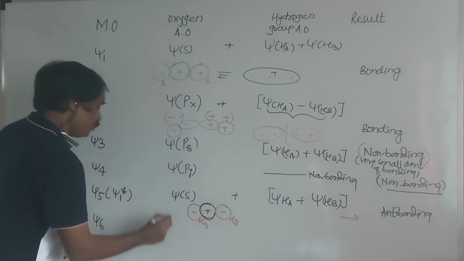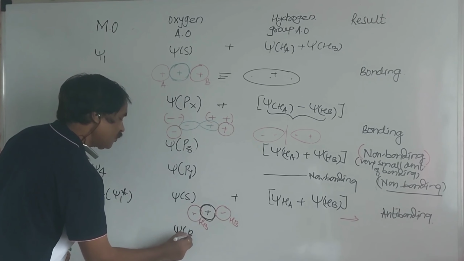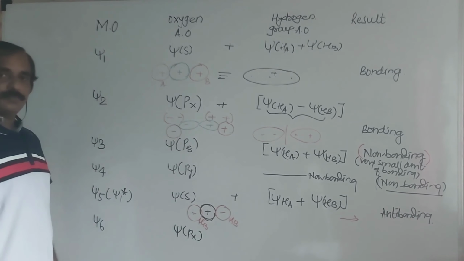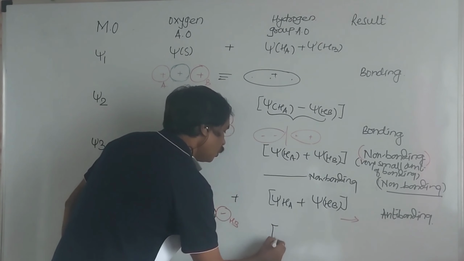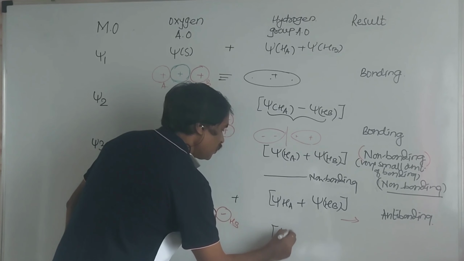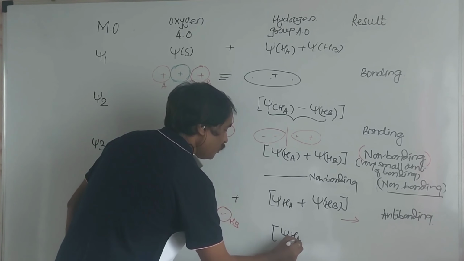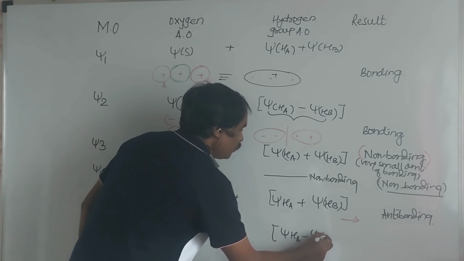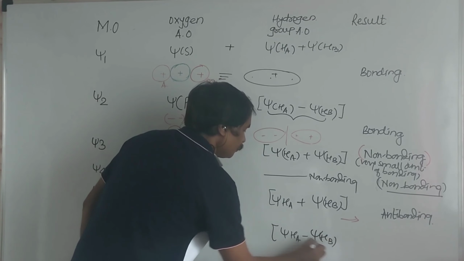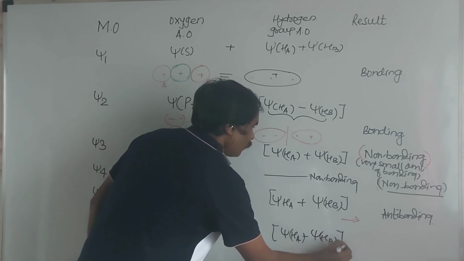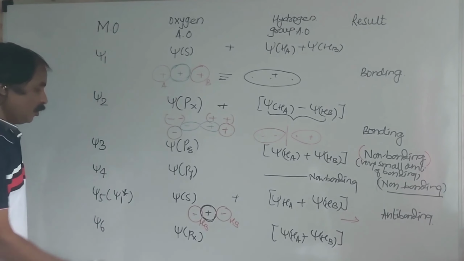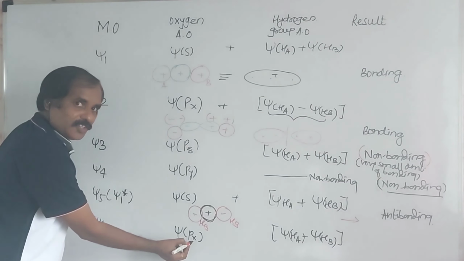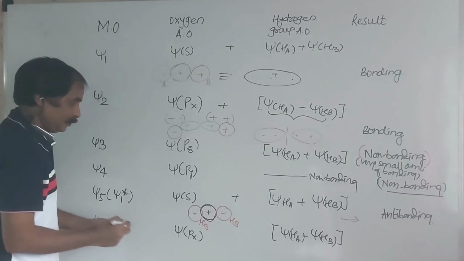Next, psi6, that is the sixth molecular orbital. I will take the wave function of px of oxygen and group atomic orbitals of hydrogen, but here I will take psi HA minus psi HB, a subtraction of these two. What will happen? So px atomic orbital of oxygen.